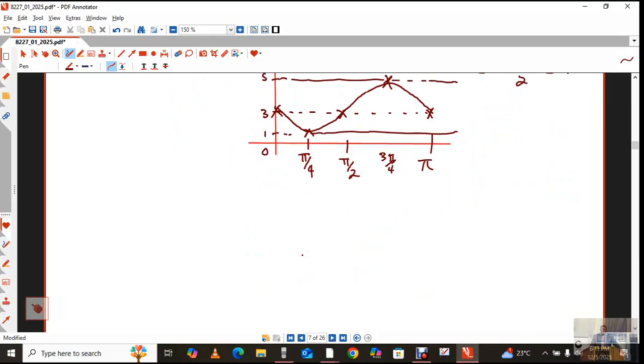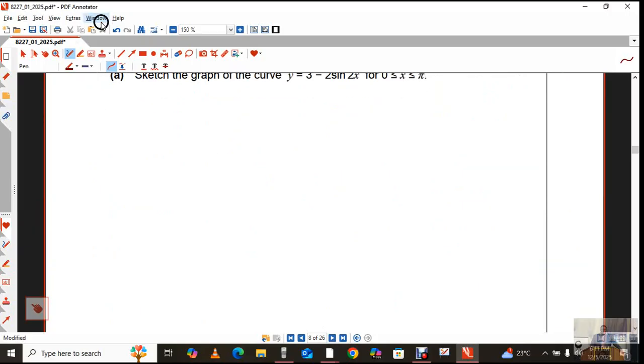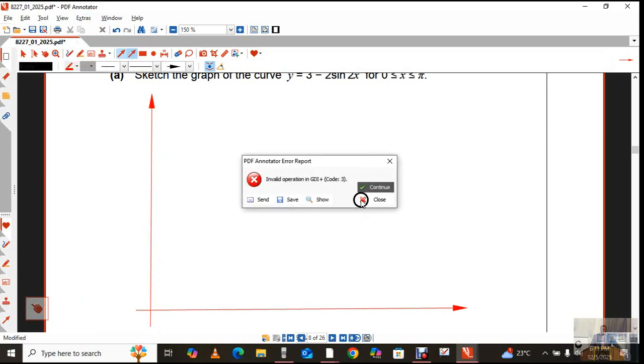All right, so I'm going to have my graph that I can actually start. So let me just say this is my y-axis over here, and this is my x-axis over here. And I know, my goodness, you must just bear with me. Hopefully it's going to save, and we can retrace our stuff.